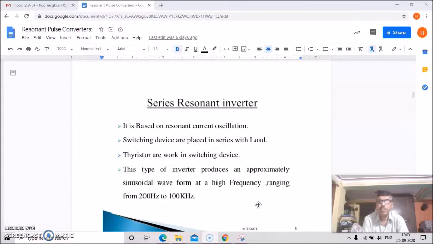This type of inverter produces an approximately sinusoidal waveform at a high frequency, ranging from 200 Hz to 100 kilohertz.